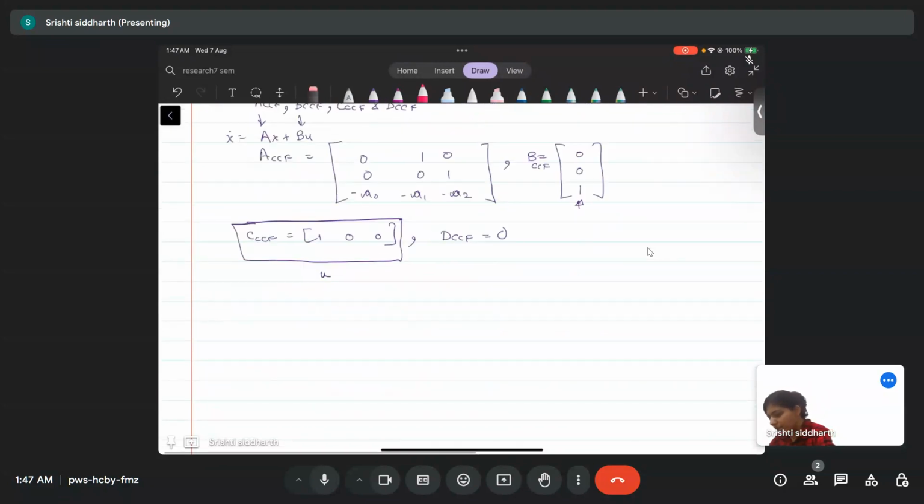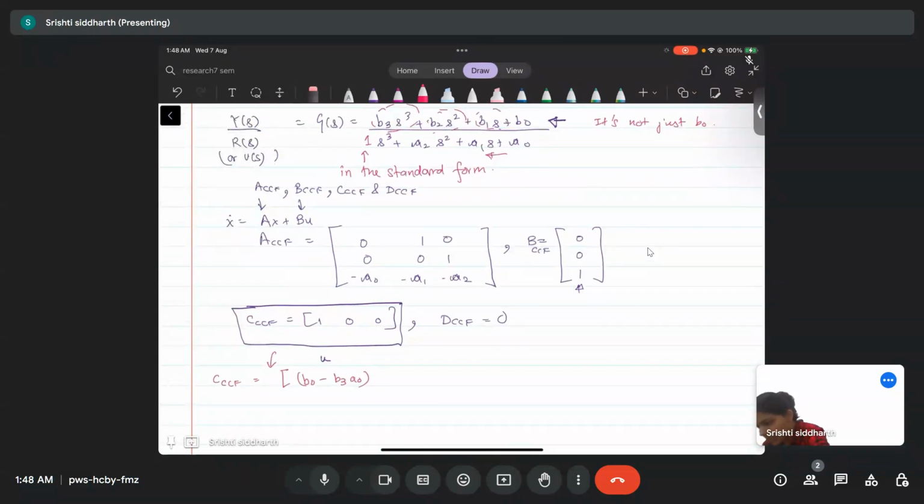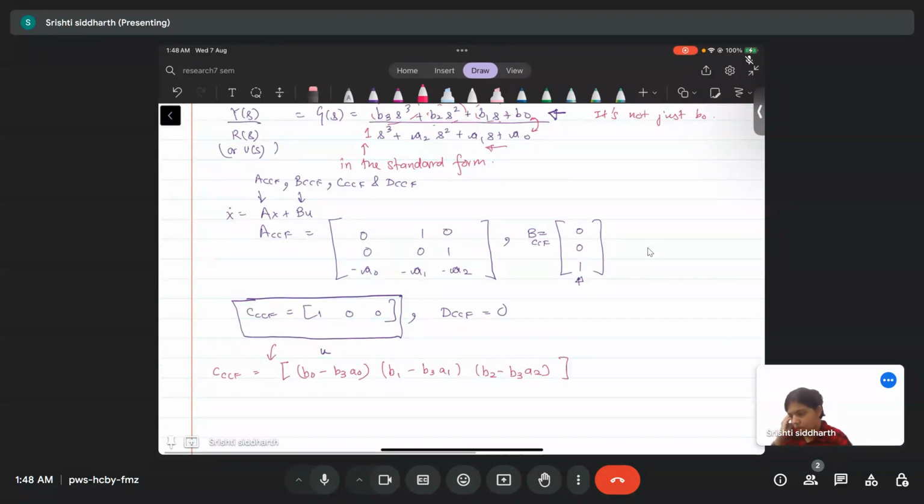So in this case, a general form of C_CCF becomes b0 minus b3 a0, b1 minus b3 a1, and then b2 minus b3 a2.